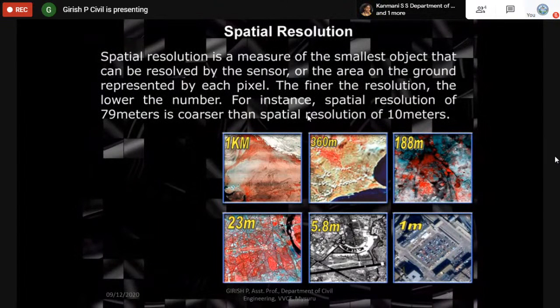Similarly, with the various bandwidths, the resolution ranges from 1 kilometer to 1 meter. In the 1 meter resolution, we can clearly identify the exact area, but at 1 kilometer it is just represented with shades of color.